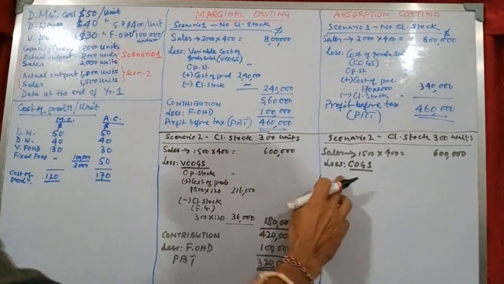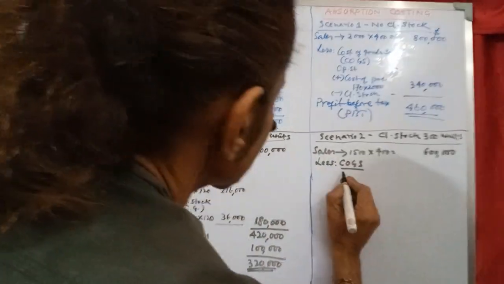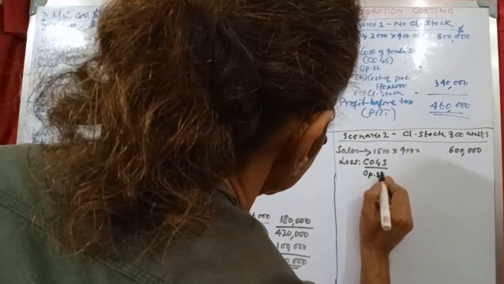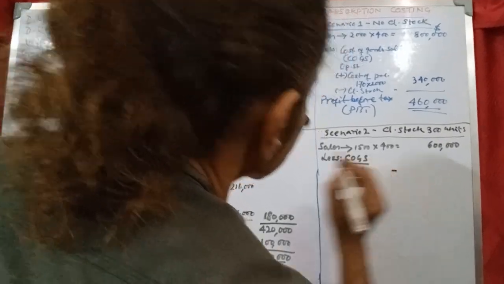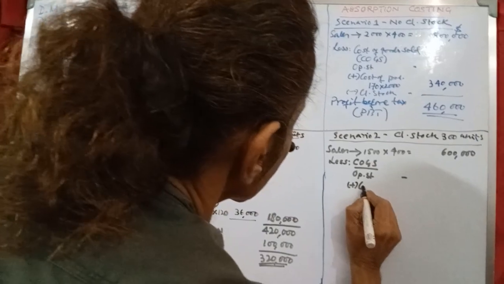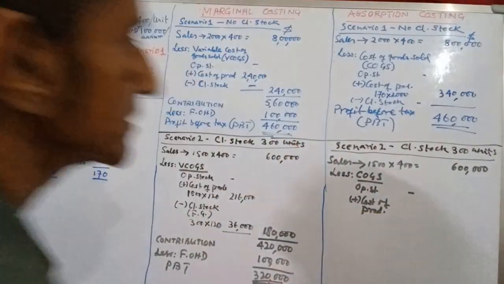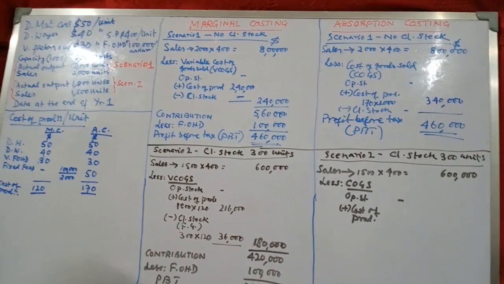Here it will be less cost of goods sold. Same format once again. Opening stock we don't have any, plus cost of production. Now what is the cost of production?